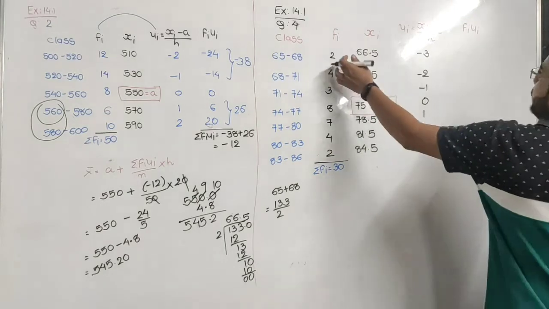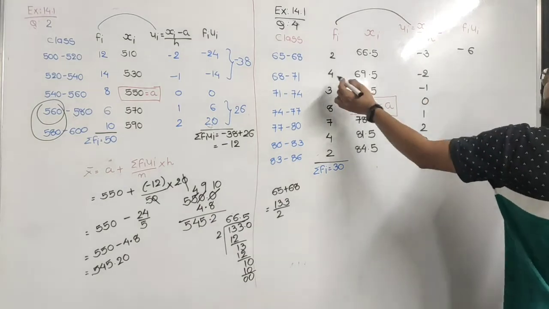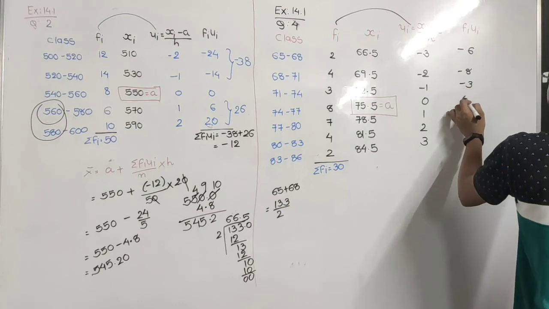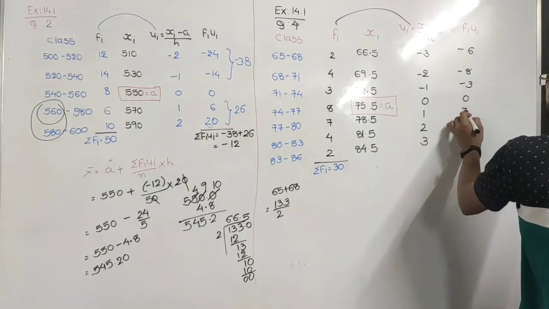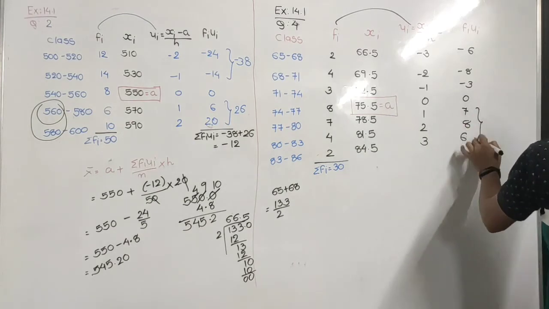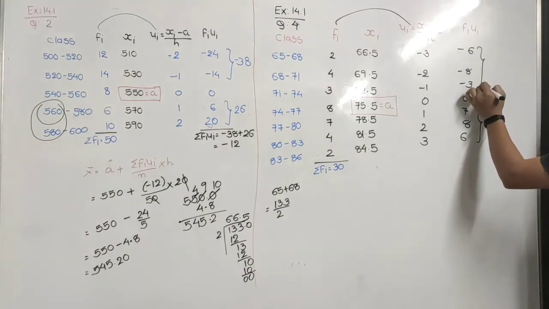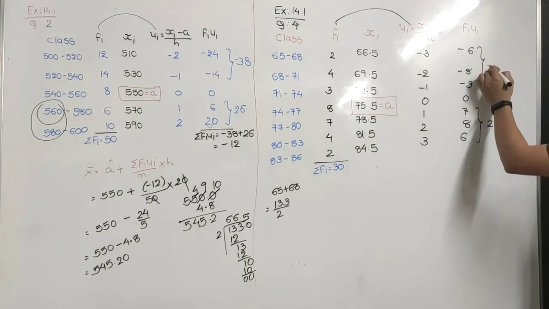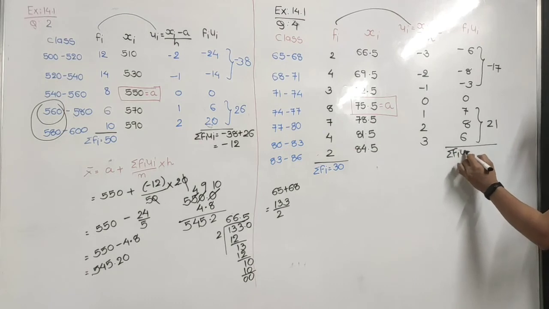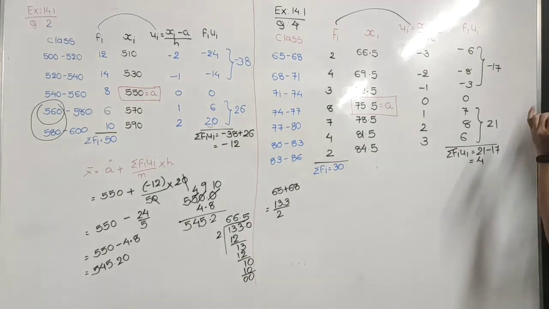Now we have to multiply Fi ui: that is minus 6, minus 8, minus 3, 0, 7, 8, 6. So 7 plus 8 plus 6 is equal to 21, and the negatives equal minus 17. So sigma Fi ui is equal to 21 minus 17, and that is equal to 4.